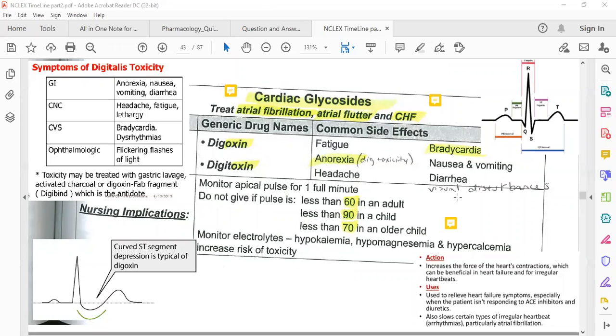So there are some very important nursing education or implications. Before giving digoxin, we should monitor the apical pulse for 1 full minute.